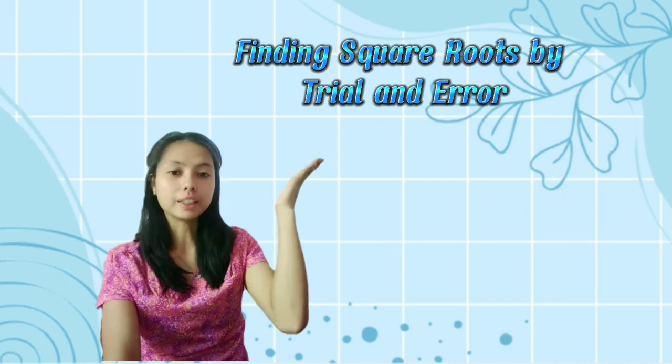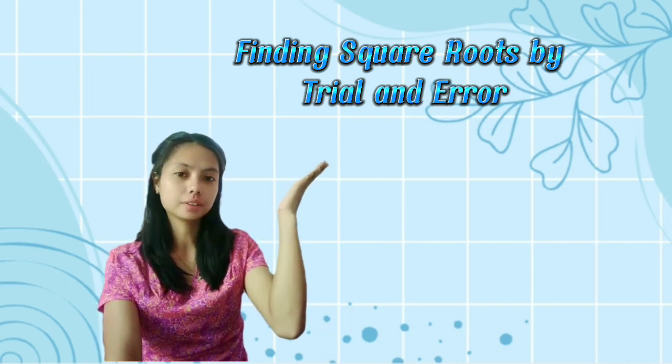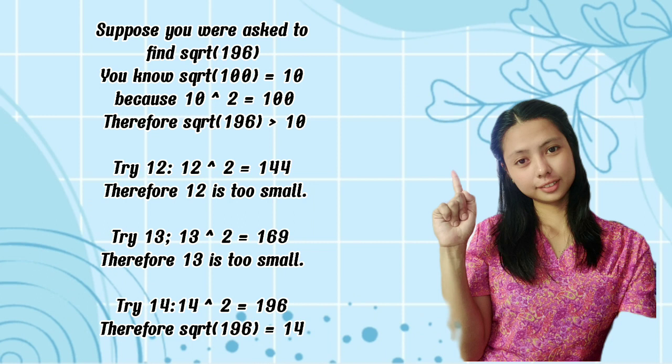Finding square root by trial and error. Suppose you're asked to find the square root of 196. You know that the square root of 100 is equal to 10 because 10 squared is equal to 100. Therefore, the square root of 196 is greater than 10. Try 12. 12 squared is equal to 144.